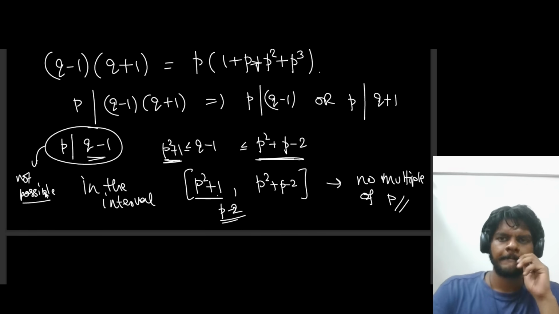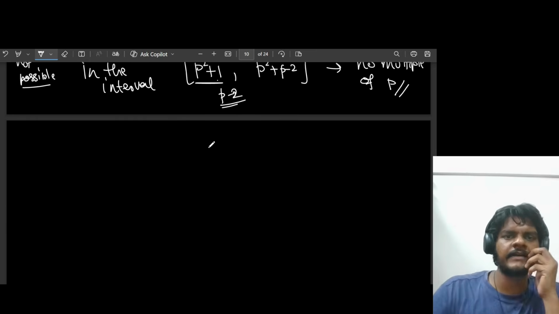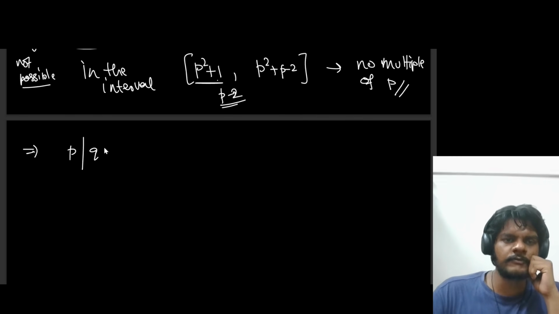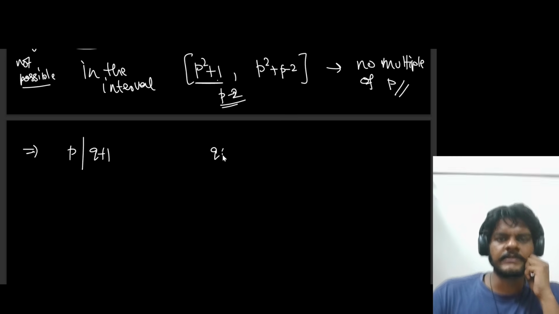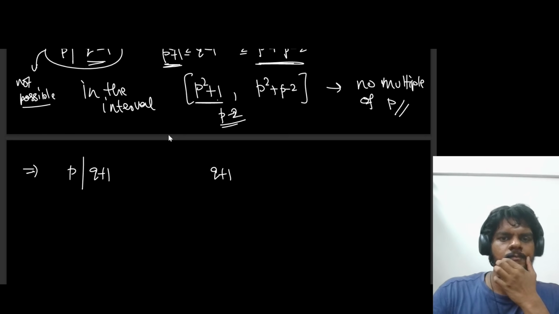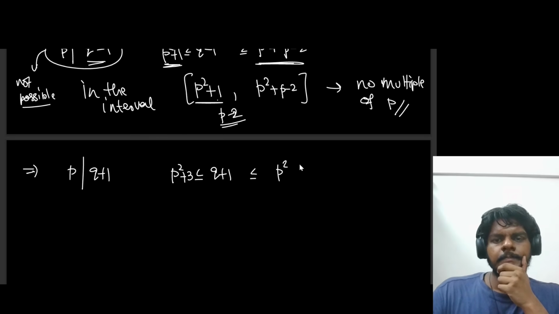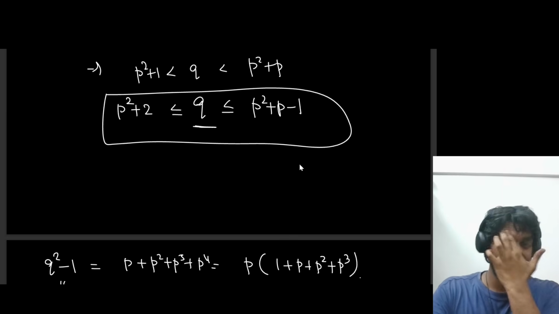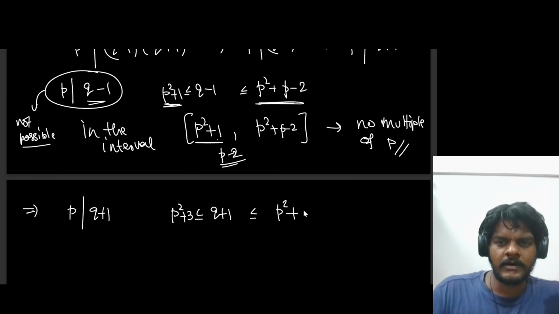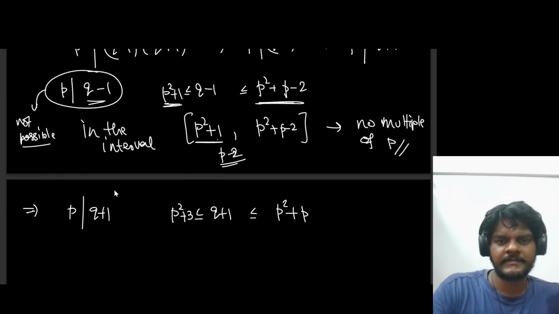All right. Okay. So what happens when p divides q + 1? That would imply p must divide q + 1. What is q + 1? q + 1 is between p² + 3 and less than or equal to p² + p, and that's it. p² + p. Wow. Now we have a multiple, right?